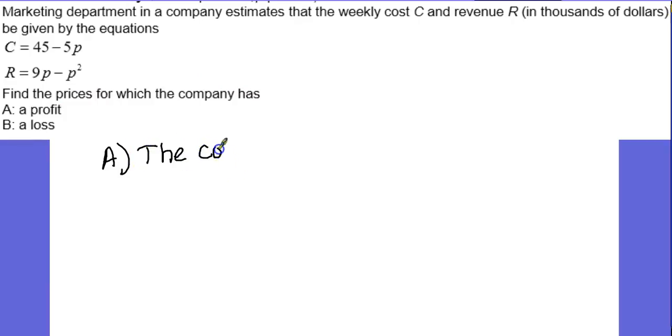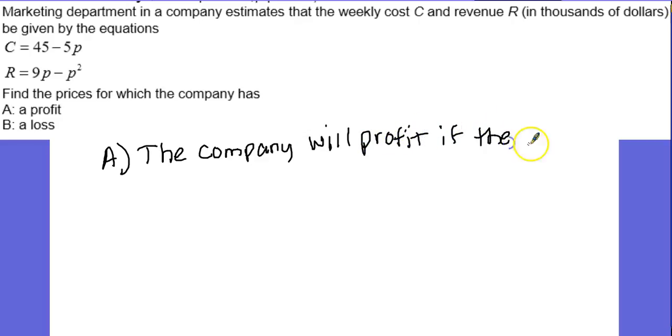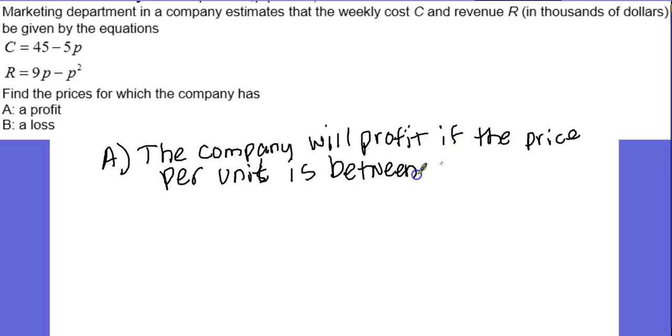The company will profit if the price per unit is between $5 and, intersection, $9. There's an intersection. See the word and? There it is. So that's my answer for A.